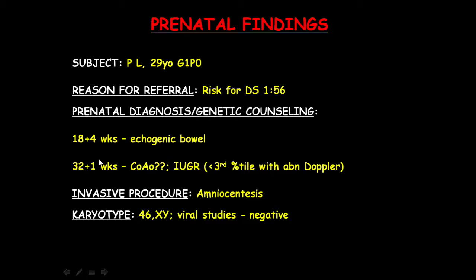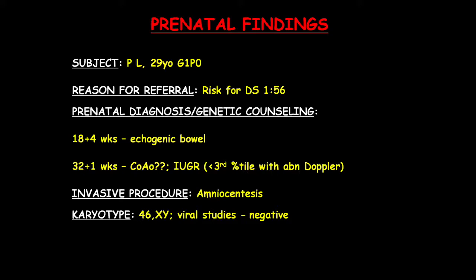So here you can see the history. At the time that the coarctation was suspected, the fetus was very small overall and also had abnormal parameters on the maternal-fetal Dopplers, with reversal flow in the umbilical artery. It was delivered soon after, and after birth we had no evidence of coarctation.